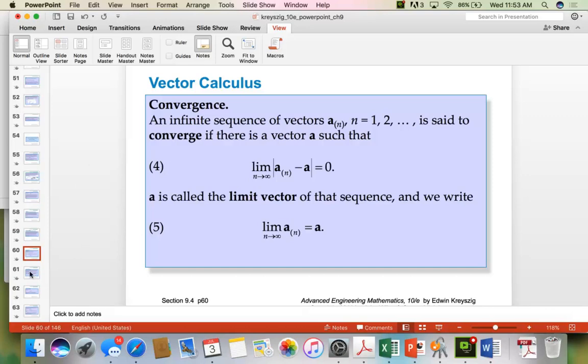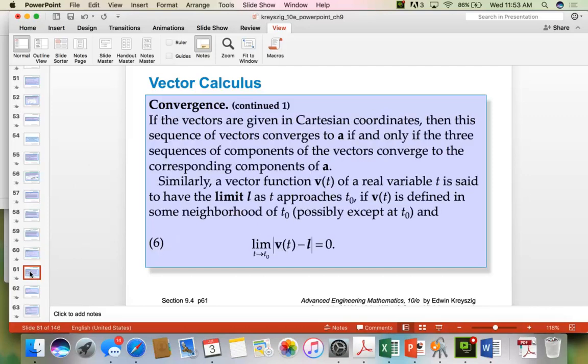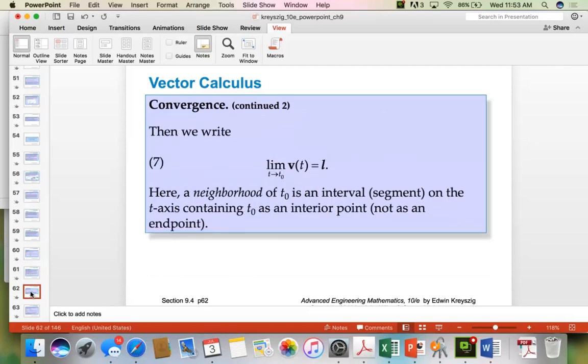So these are just a couple of vector calculus theorems. If these vectors are given in Cartesian coordinates, then the sequence of vectors converges to A if and only if the three components converge to the corresponding components of A. So in other words, if this is in three-dimensional space, then the x component of your vector sum would have to converge to the x component of A, the y component would have to converge to the y component of A, and so on.